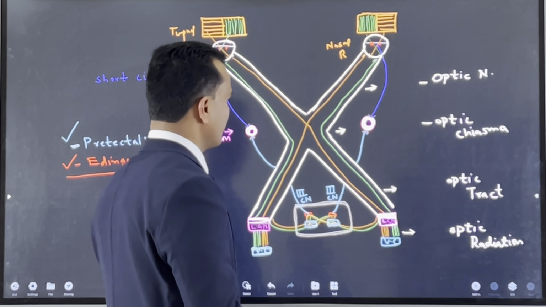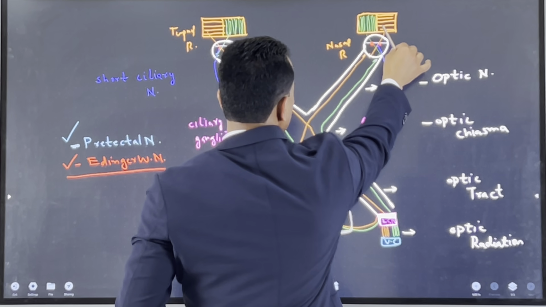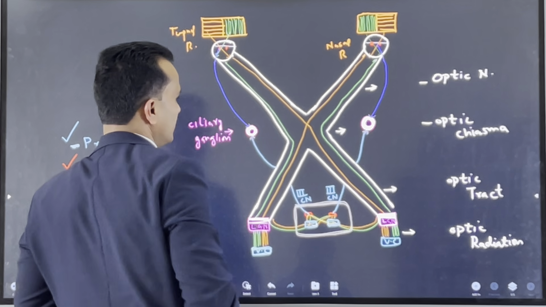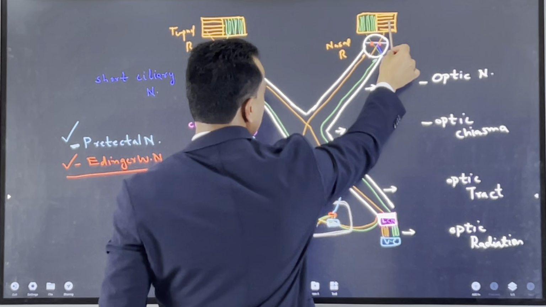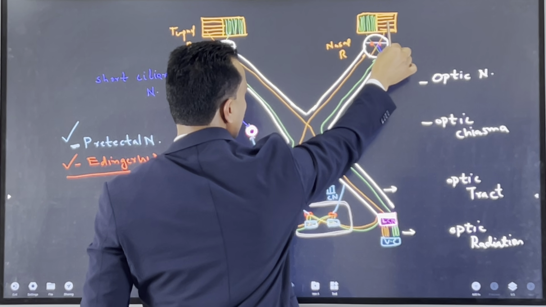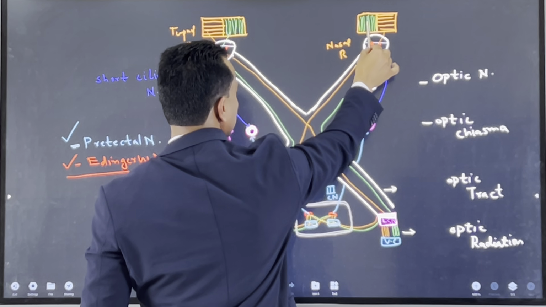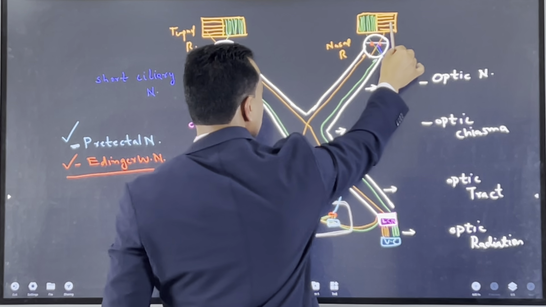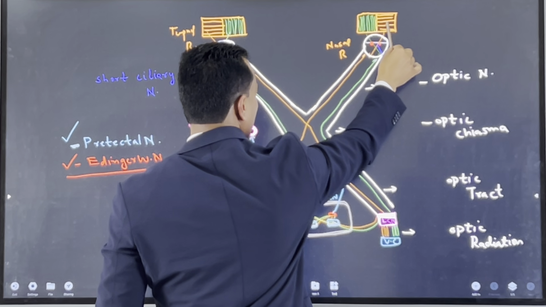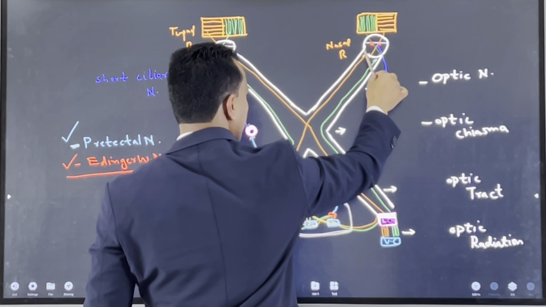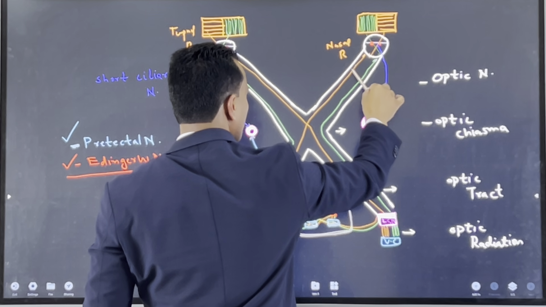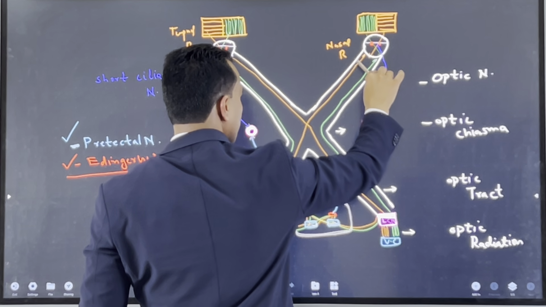Again I will recall that this is the visual field area of the right eye, this is the visual field area of the left eye. This is the temporal visual field area, and this is the nasal visual field area. So you can see that light from the temporal visual field enters, and it continues as which part of the retina? The nasal retina.